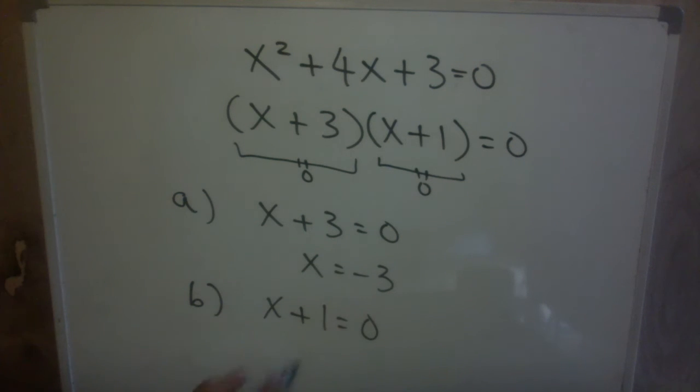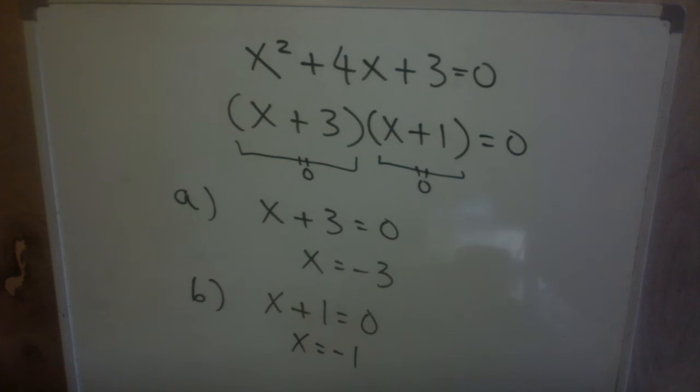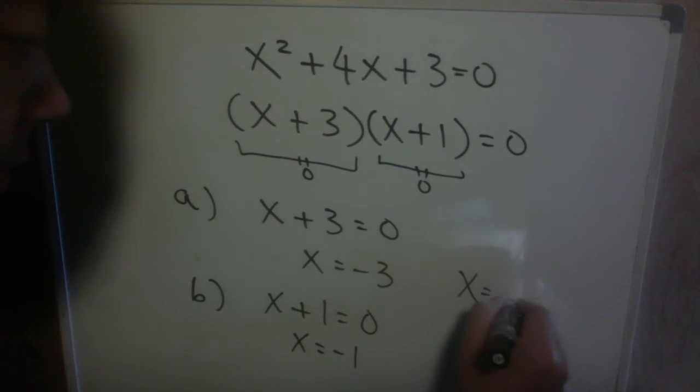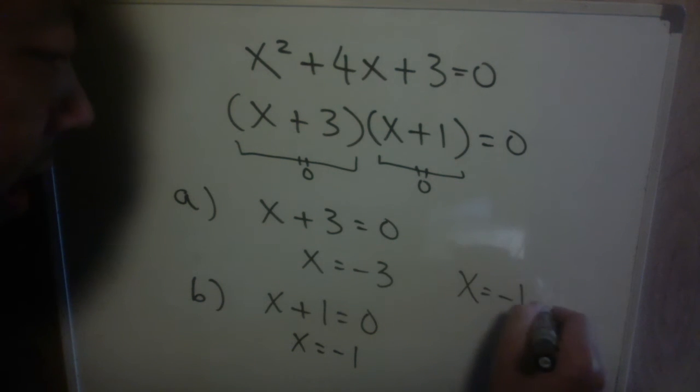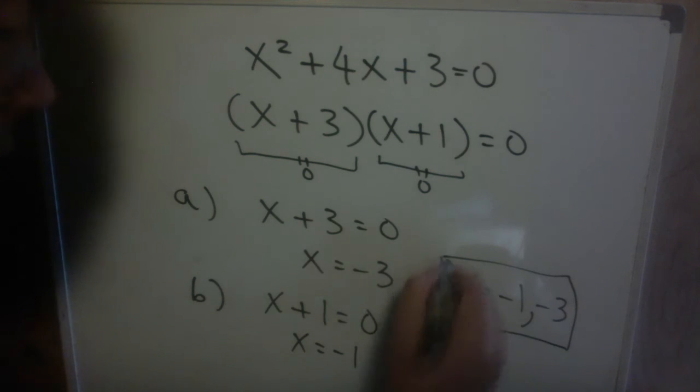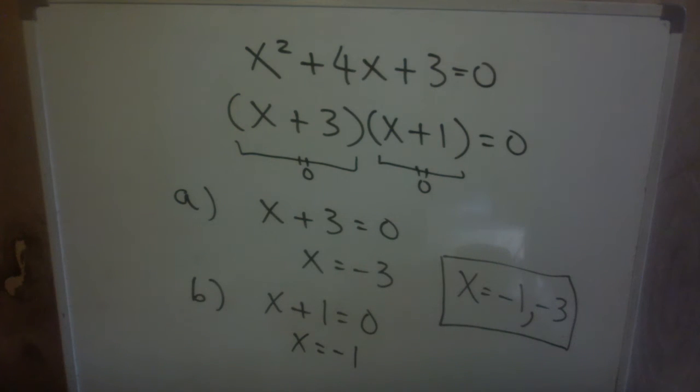So of course 1 goes to the other side, x equals negative 1. So we have our solution. We have x equals negative 1 and negative 3, and that is our answer.